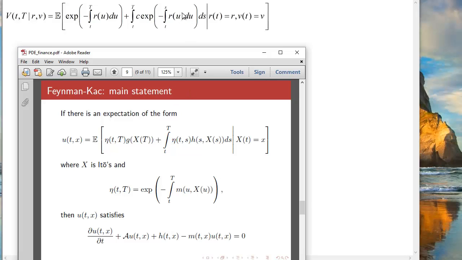So this eta here is basically this part, and the h here is the c here. So we have our problem defined so that it's suitable for the Feynman-Kac theorem, and we can apply the Feynman-Kac theorem to obtain the PDE for this given valuation problem. Okay, so let's go ahead and do it.